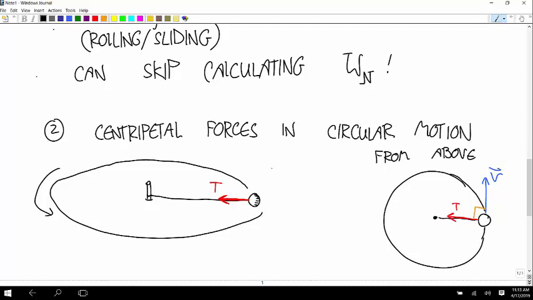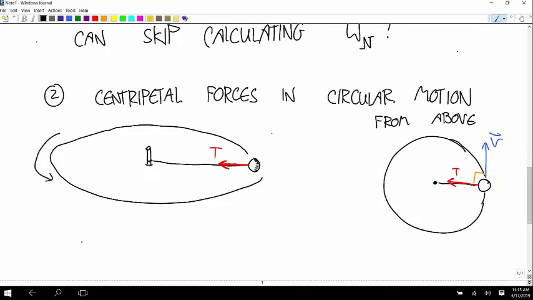And so even though the direction of that cable tension is changing the whole time and the direction of the velocity is changing the whole time, you don't have to worry about calculating the work done by the tension.